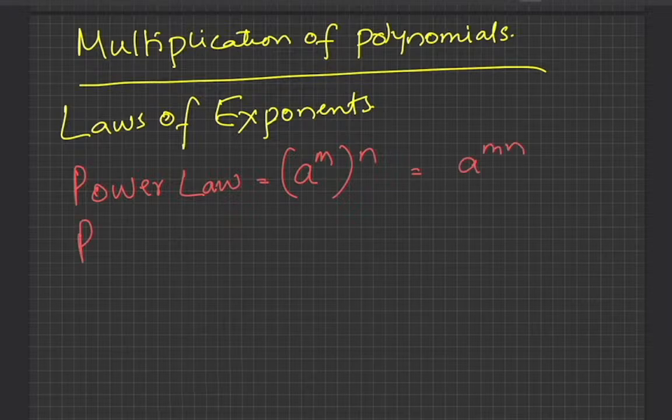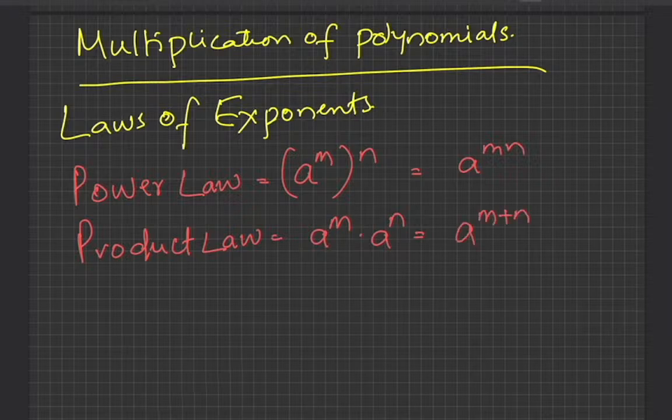Then we have the product law. This is what we need here: the product law, that is the same base, a^m times a^n. That means the base is the same, so we just add the exponents: a^(m+n). Then we have the quotient law.